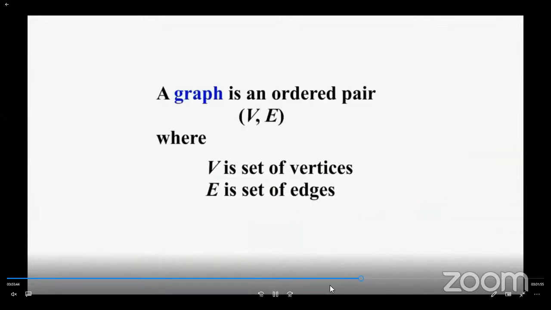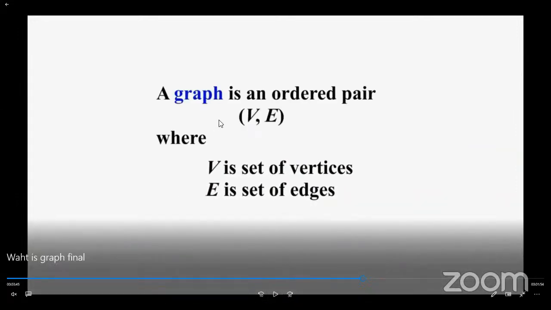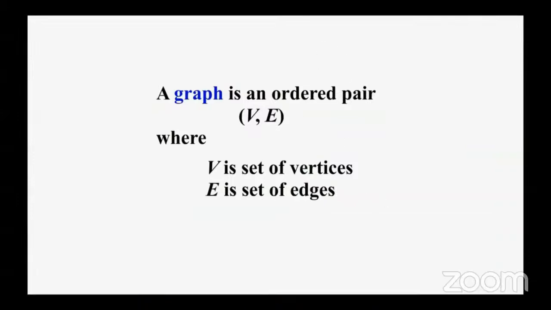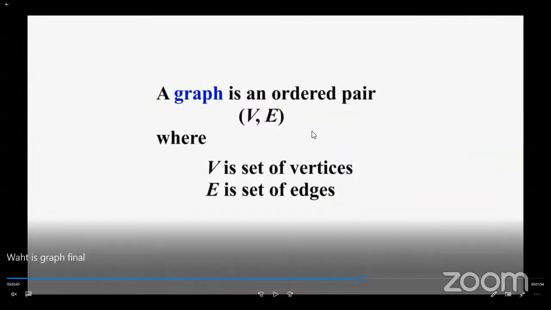This is the formal definition: a graph is a non-empty set of vertices and a set of edges, and it is an ordered pair. Ordered means that you cannot interchange this one and that one.